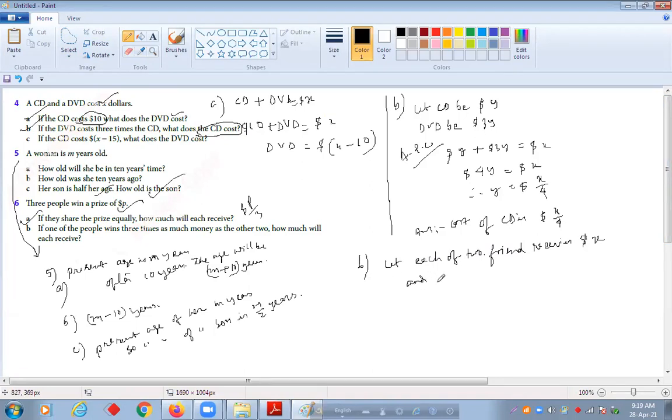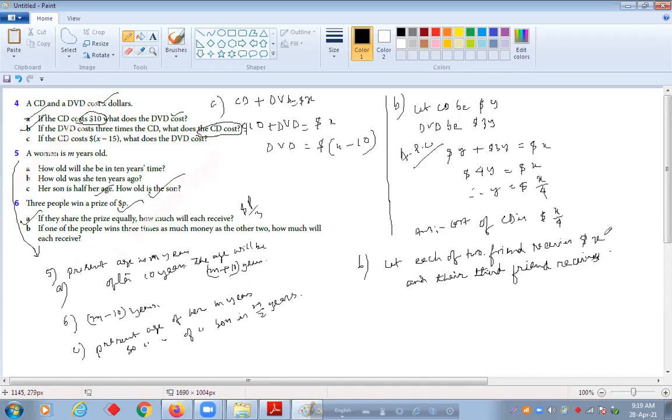and the third friend receives how much? 3 times as much money as the other two have received.